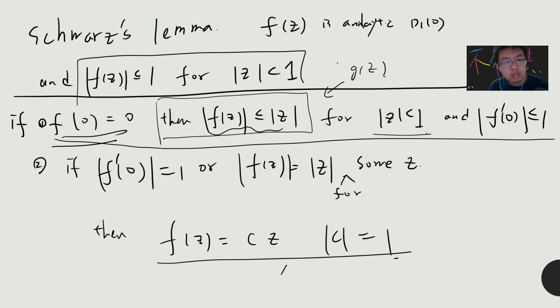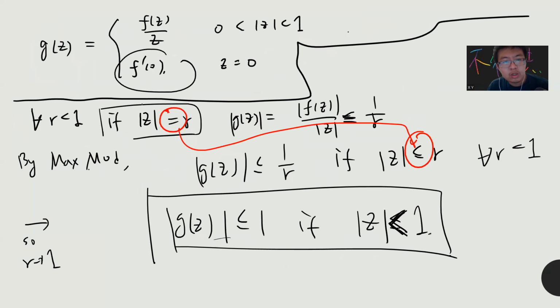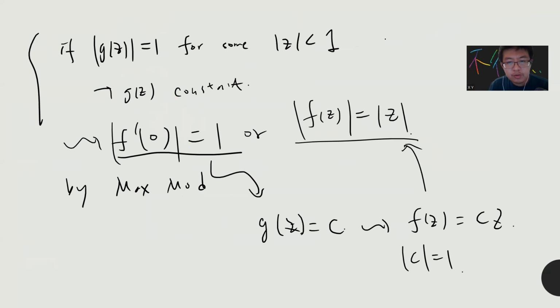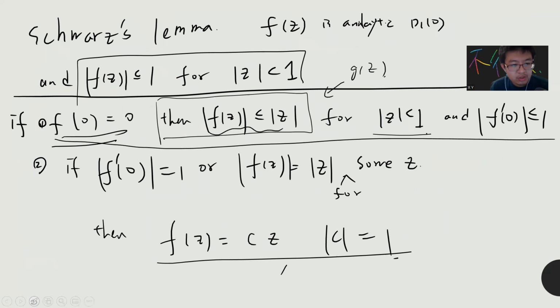And then f of 0 equals 0. I think what we have used here is, if f of 0 is 0, then we can show that g of z is analytic. So from this black box, we already proved this one is true. We already proved this one is true.